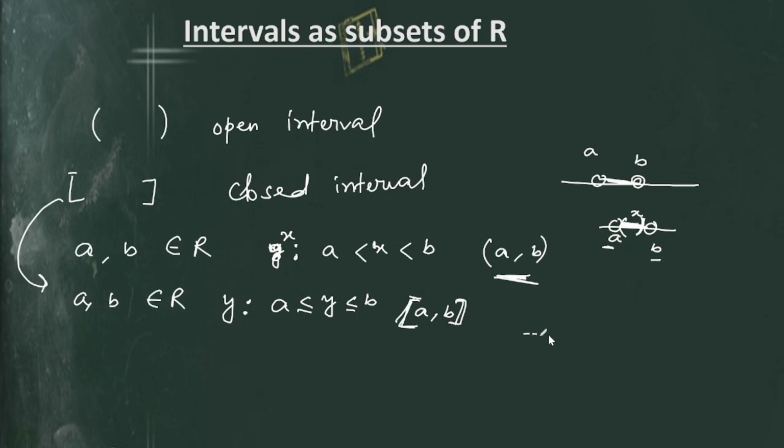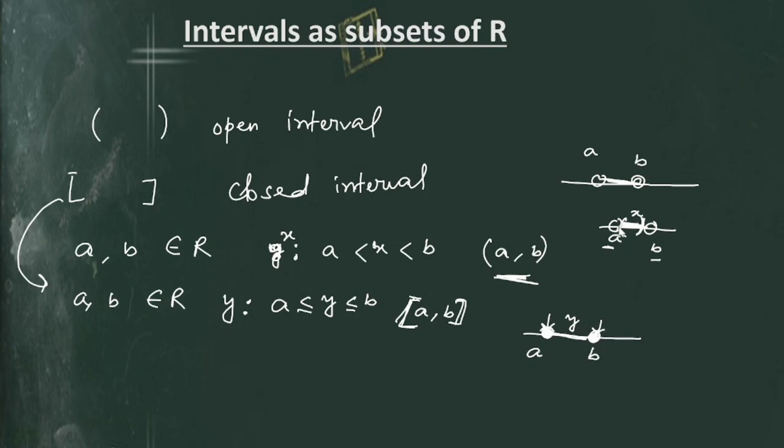Clear? If I draw it on a real number line, this is the range where y lies. If you darken the circles, you are indicating that y includes the points a and b, meaning y can lie here also and here also.